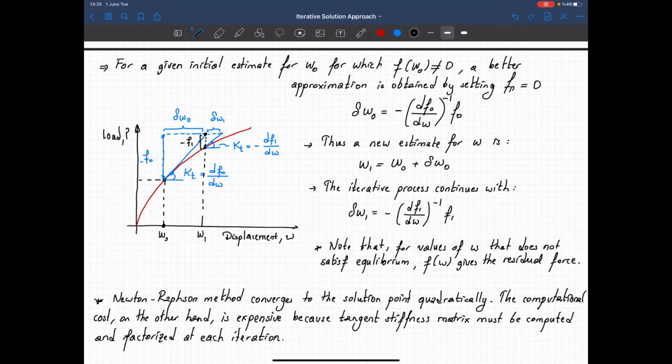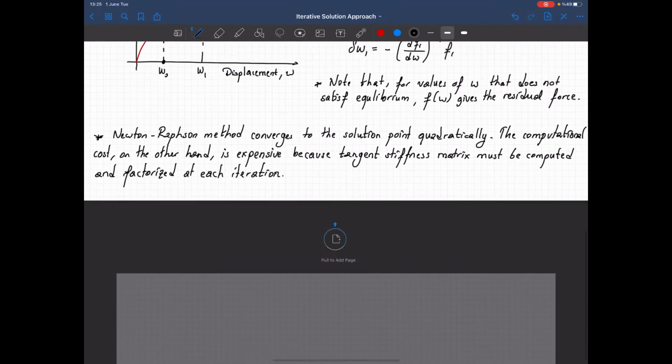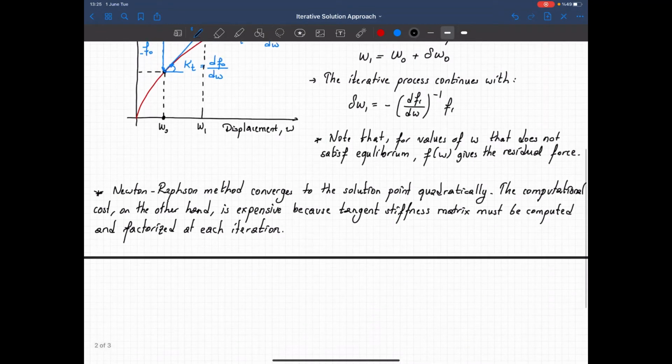So for large systems, you have to calculate the tangent stiffness. Sometimes calculating the tangent stiffness again, depending on the nonlinearity you have, may take a significant amount of time.